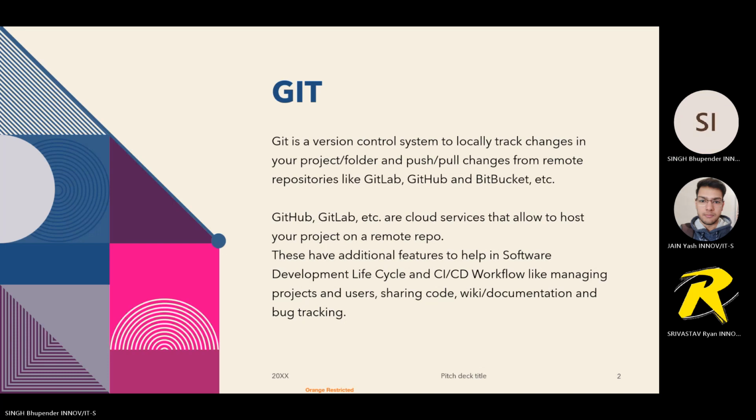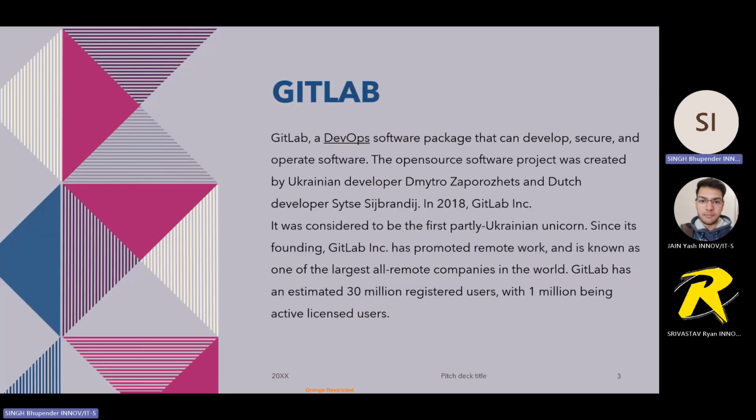These online repositories also allow us to further enhance and make the process of production more efficient and more integrated into the CI/CD pipeline, which is continuous integration and continuous deployment.